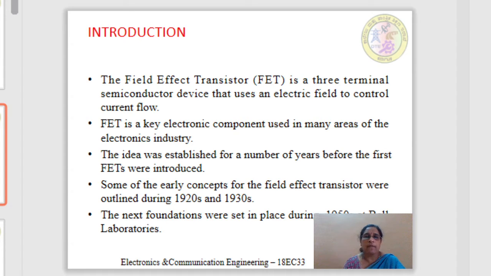Therefore, this field effect transistor has become a very important electronic component in many electronic gadgets and equipment. It has been used as a major component in the electronic industries. The idea of developing field effect transistors started very long back, and the earlier concepts started emerging in the 1920s and 30s.